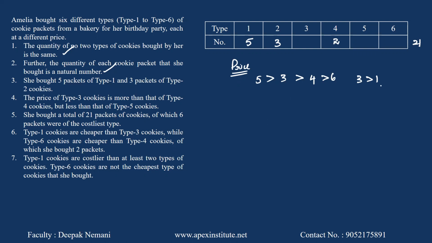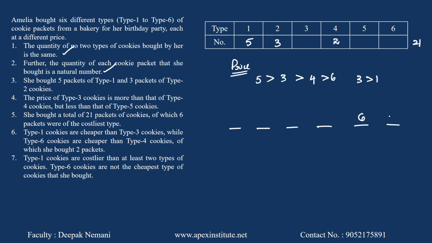So type 1 cookies are costlier than at least 2 types of cookies. So 1, 2, 3, 4, 5, 6. Type 6 are not the cheapest. Now the price of 3 cookies should be more than type 6. So which type of cookies can be the cheapest?